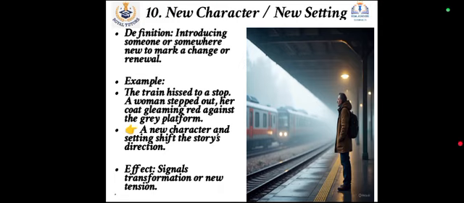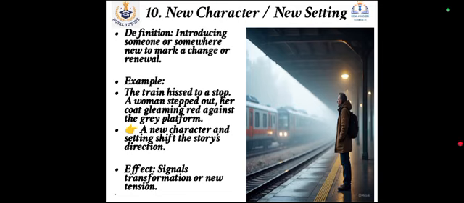Now, this is structure that involves a new character or new setting. This is introducing someone or somewhere new to make a change or renewal. For example, the train hissed to a stop.